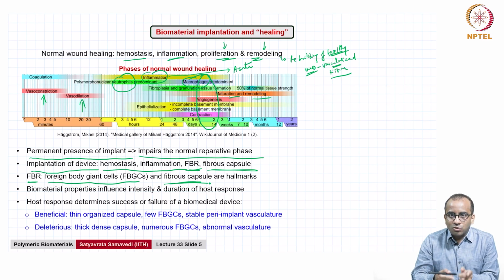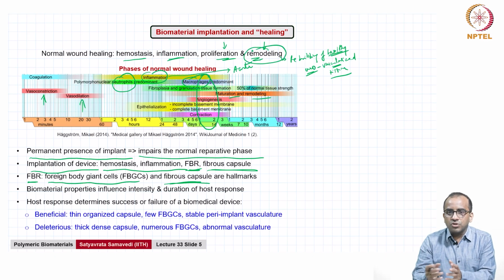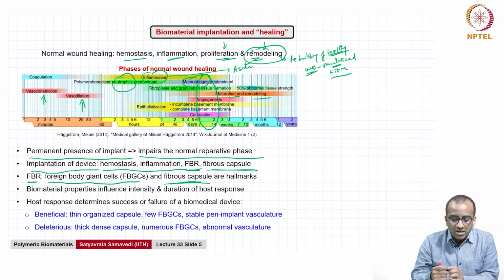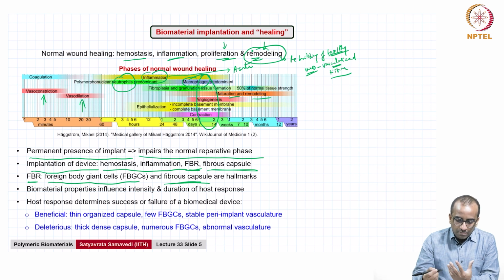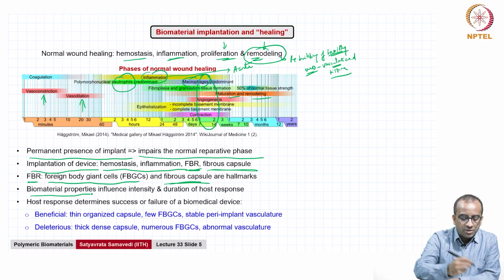Now note that this is quite different from the type of remodeling and the healthy scar that usually happens with the normal wound healing process. And obviously, the severity of the foreign body reaction is going to be dictated by biomaterial properties.